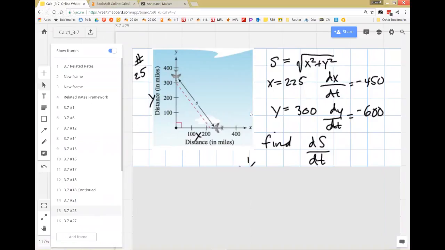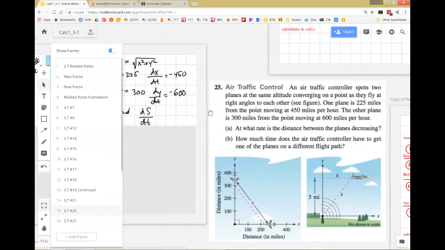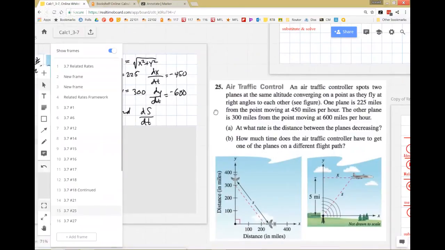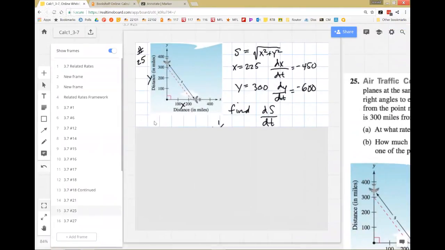And then given the x plane, his distance is 225, and his speed is negative 450. Let me just take a look at the problem one more time. Yeah, the reason it's negative is because he is moving to the left. Got it? So for me, that's just indicating he's heading in a negative direction.